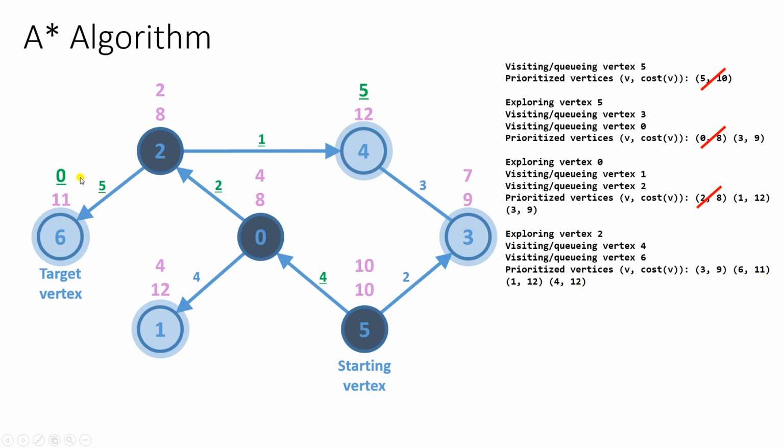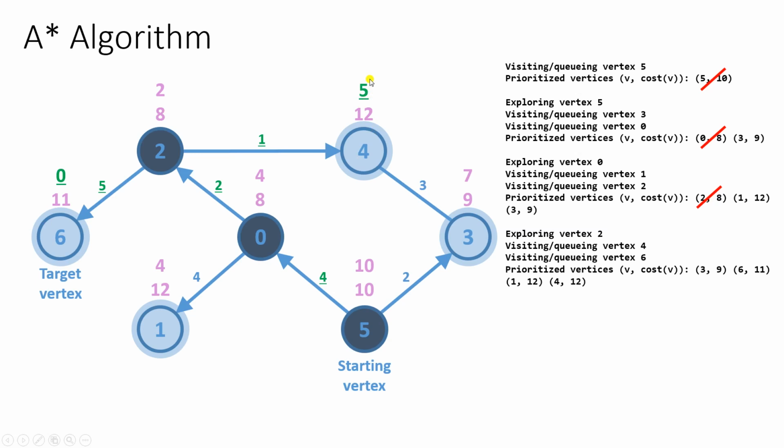Their total costs are calculated as follows. The target vertex has its heuristic function 0, and its total cost is calculated as 0 plus 5 plus 2, that makes 7, plus 4, that makes 11, and 11 is here. The same goes for vertex 4.